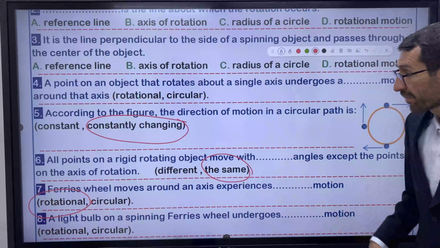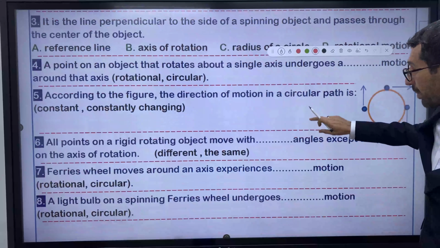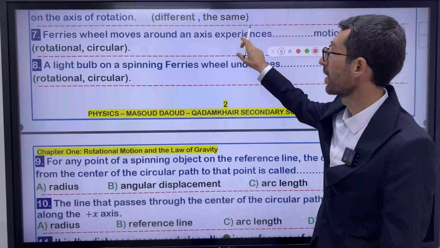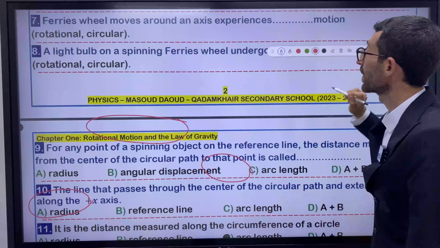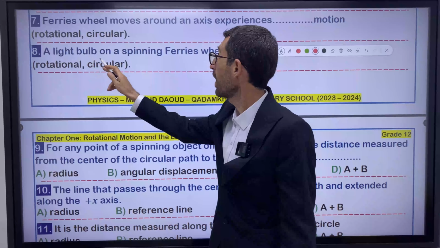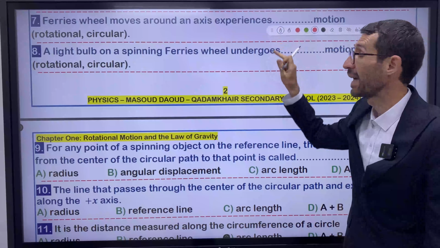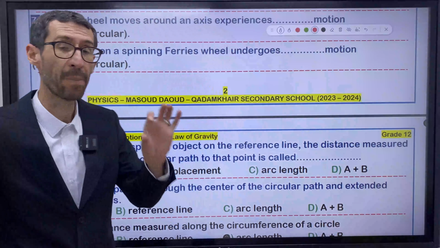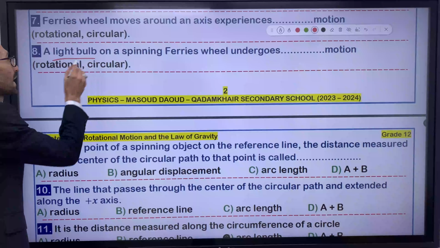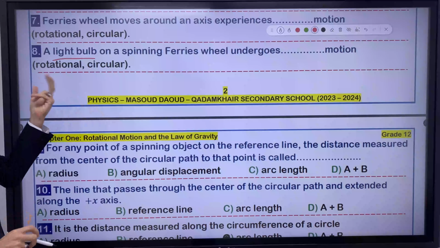Question number 8. A light bulb on a spinning Ferris wheel. You see, it's a light bulb. A light bulb determines a particular point. It takes only one segment, one point, one part.